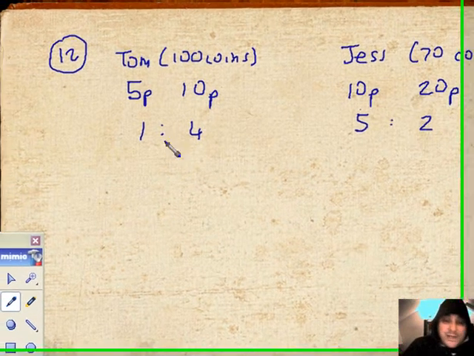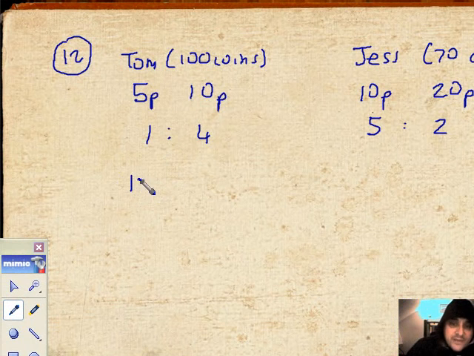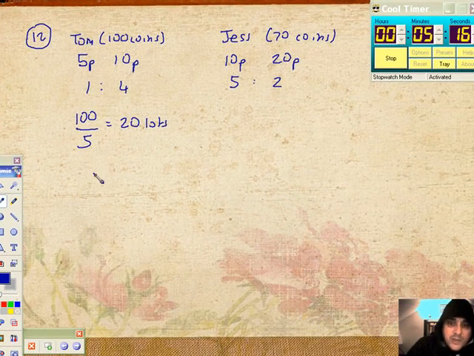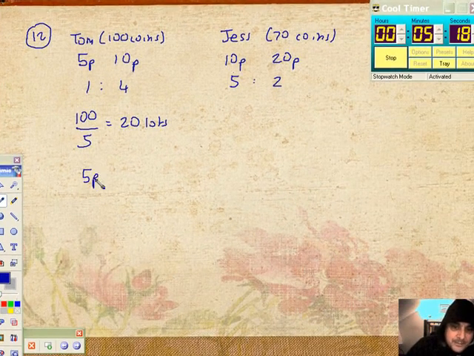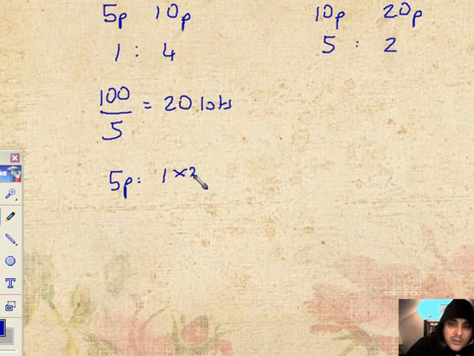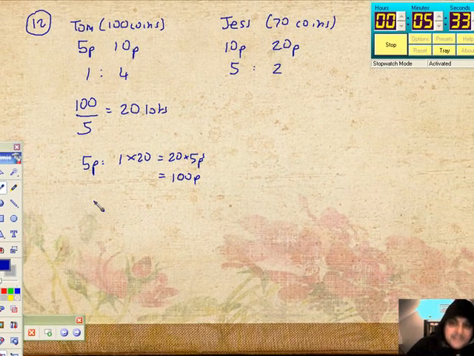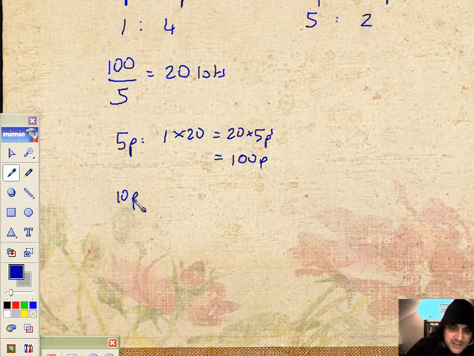Okay, right, 100 coins. So 1 lot of coins for Tom will be 100 divided by 5 parts. See, 1 plus 4 is 5, and that comes to 20 lots. Now, the 5p's is 1 lot of 20. Now 20 times 5p is going to be 100 pennies. Now let's look at the 10p section.